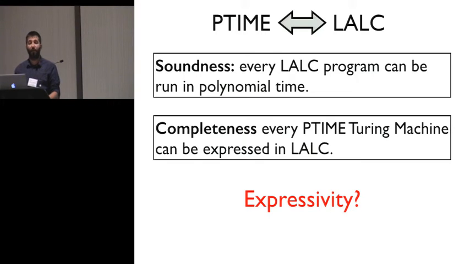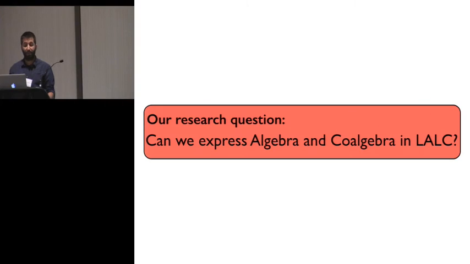Several people have tried to understand the expressivity problem in languages coming from complexity classes. And we address today the question whether we can encode in this language algebras and coalgebras or not. The reasons for asking this question are two. Algebras and coalgebras are a natural way to define inductive and co-inductive data types.